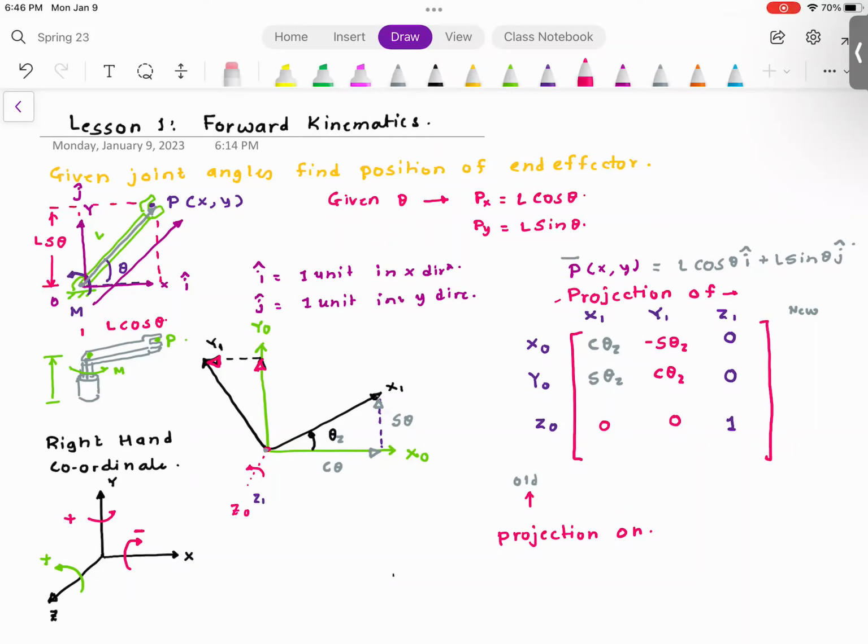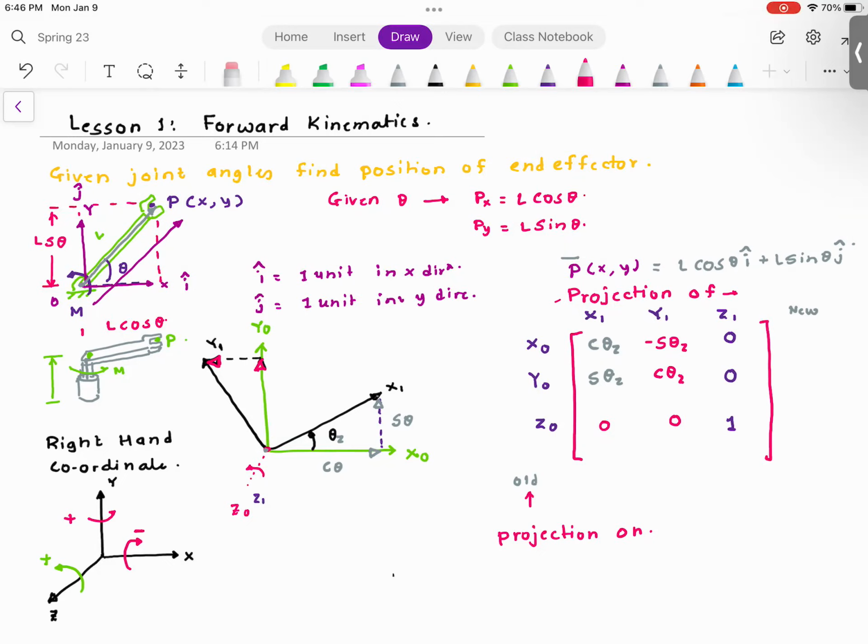Always, when you want to find out the projection, what do you do? You draw a vertical line and find out the sine and cosine components, exactly what we did over here. So if I find the sine and cosine components of X1, I see it is cosine theta Z on X0 and sine theta Z on Y0.